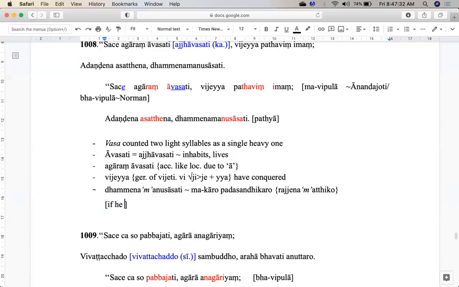So if he inhabits, if he lives in a house, or if he inhabits a house, he, so here anusasati is present tense, that is near future. Near future, that is with the present tense. So he will conquer, Vijaya. He will conquer this earth.